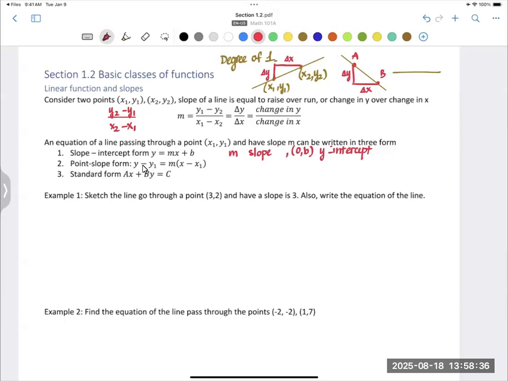The reason why we call this point-slope is because in the equation, you will see the slope and you're going to see the point. But in the first one, you will see the slope and you will see the y-intercept. That's why we call it slope-intercept form. So in the second one, m is the slope, and x1, y1 is the given point.